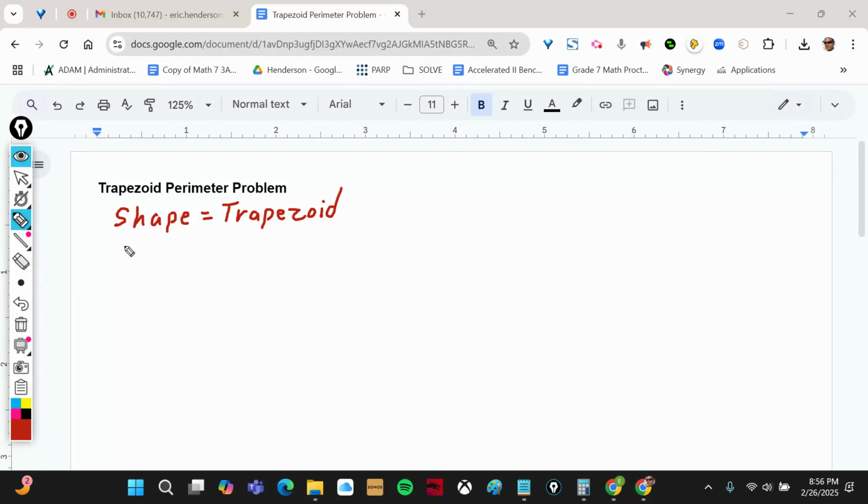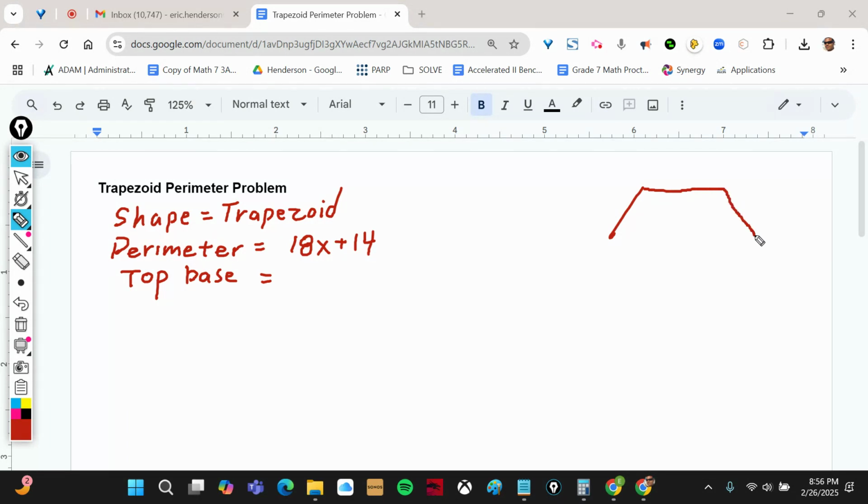Okay. The perimeter, or the distance around the entire outside of the trapezoid, is 18x plus 14. The top base equals, so boom, trapezoid.